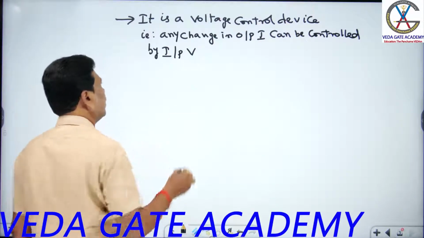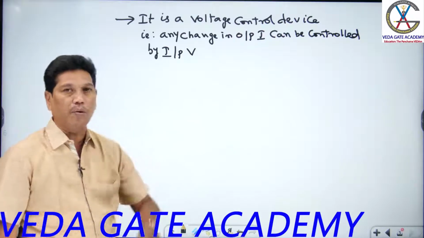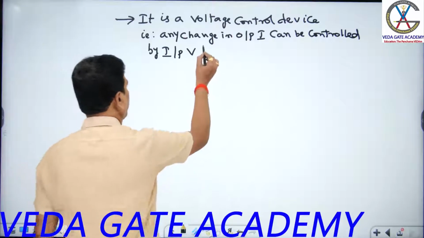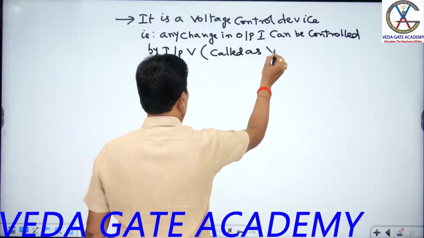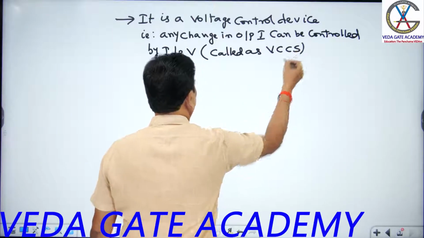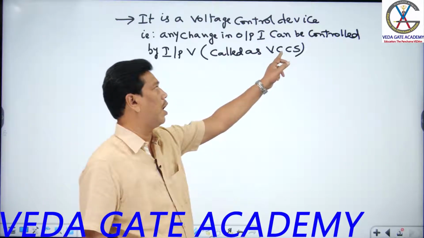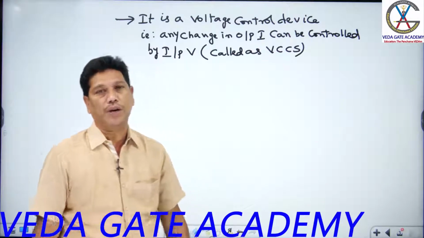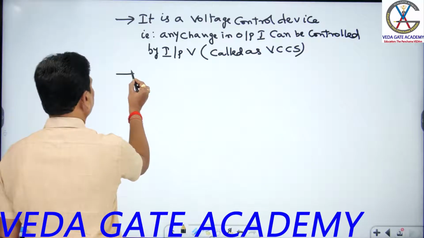In BJT, that can be controlled by input current, but here that can be controlled by input voltage. Based on this, it can be called a voltage controlled current source. BJT is a current controlled current source, students. FET and MOSFET are voltage controlled current sources you can call.